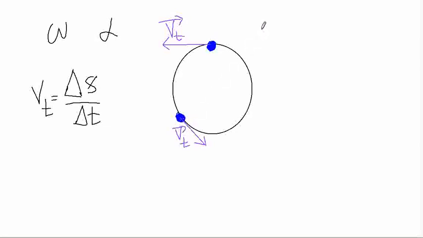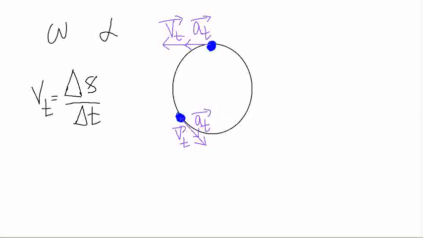Now, if the blue object is increasing its speed as it moves around the circle, then it would have a tangential acceleration component as well. So that would be in the same direction as the v sub t vector. I can draw that as well. And what would be the definition of a sub t?